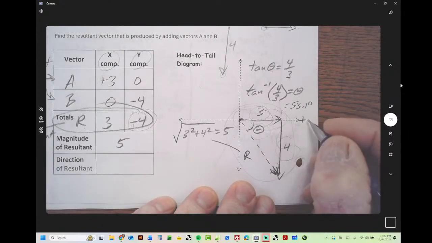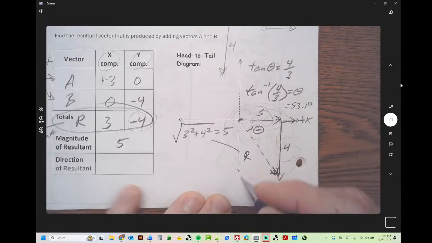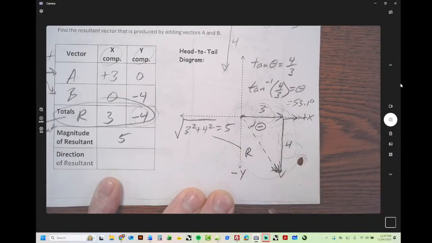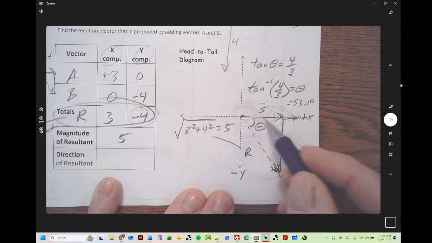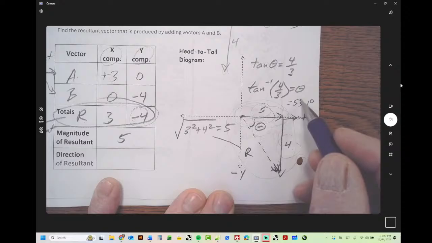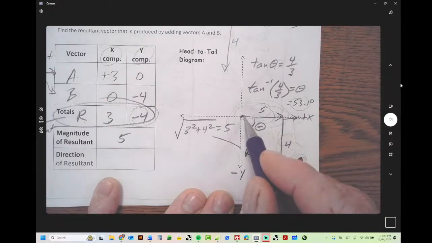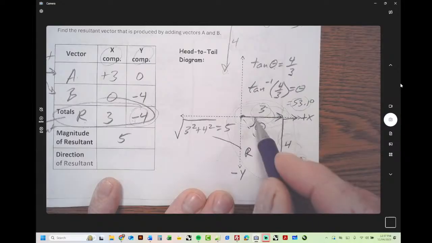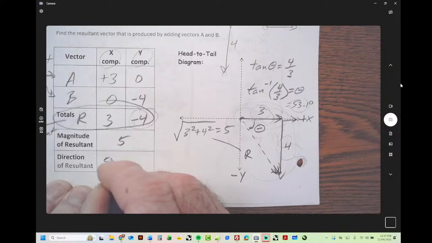There's what I'm going to call the positive x-axis, is this direction, and then there's the negative y-axis in that direction. Since this angle abuts the positive x direction, I'm going to call this 53.1 degrees below positive x. So you just imagine this direction and then imagine swinging 53.1 degrees below it.